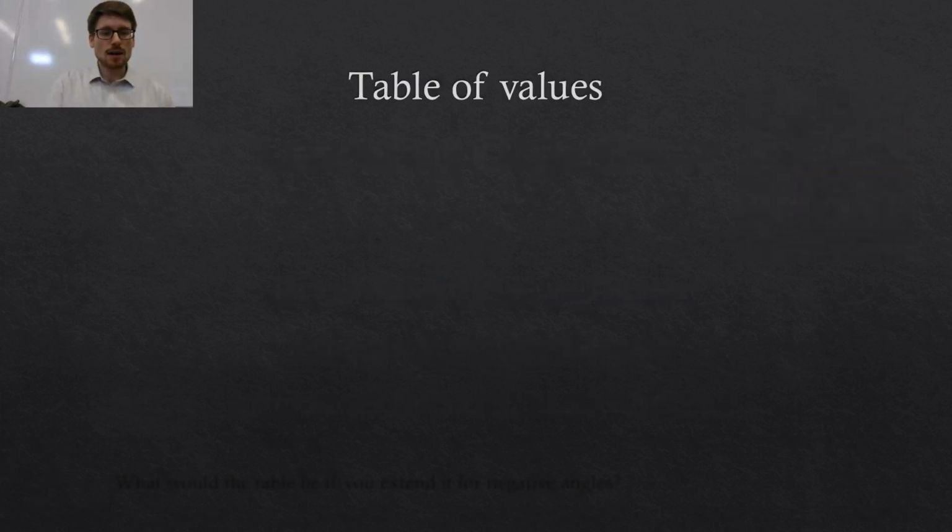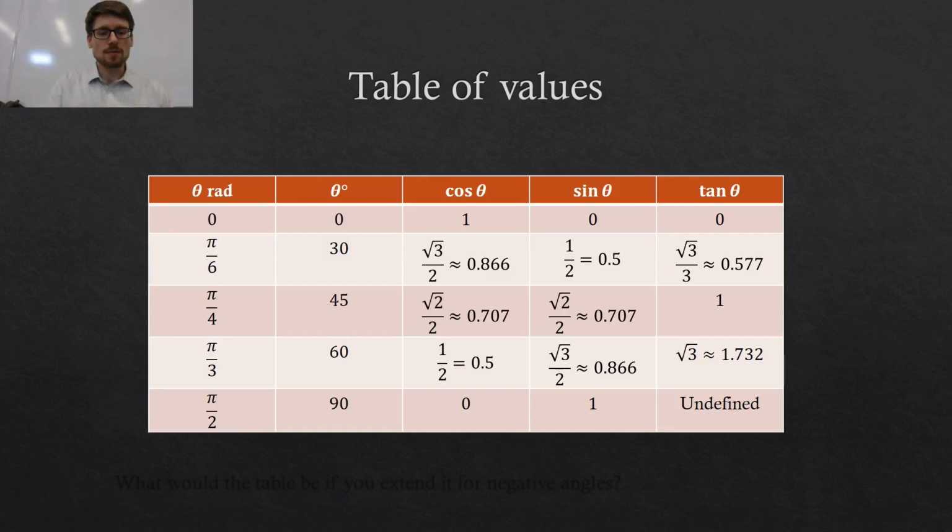Alright, so table of values. We're going to start off by looking at cosine, sine, and tangent, which are kind of the root functions of secant, cosecant, and cotangent. So recall the table that we created for cosine, sine, and tangent.